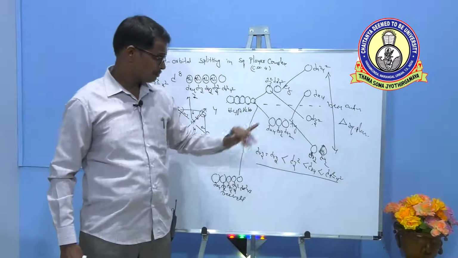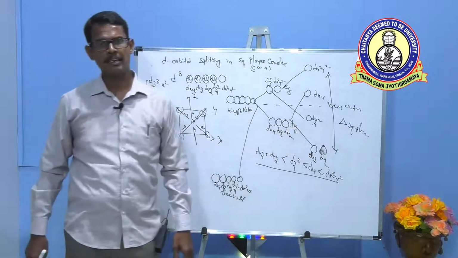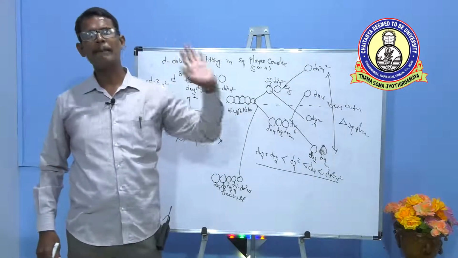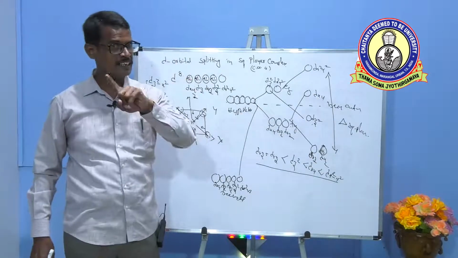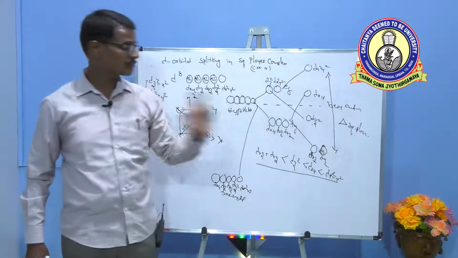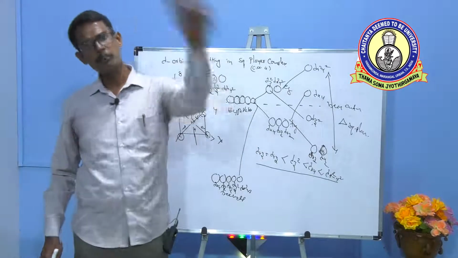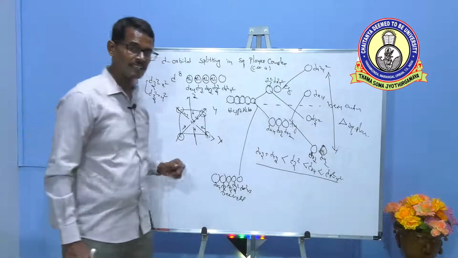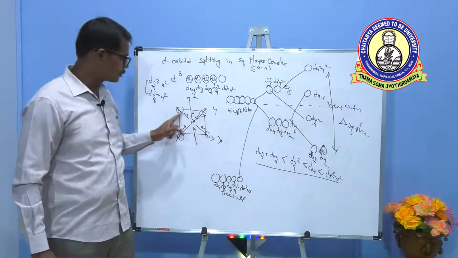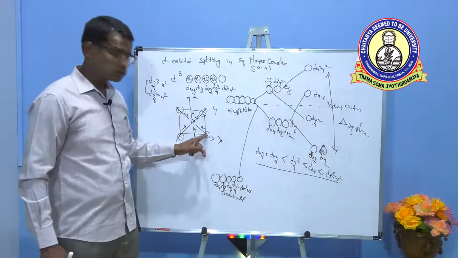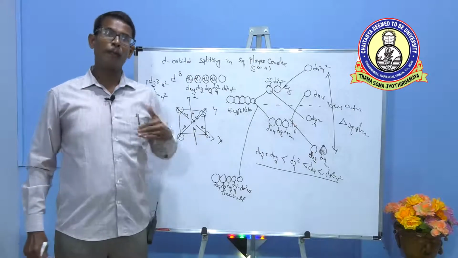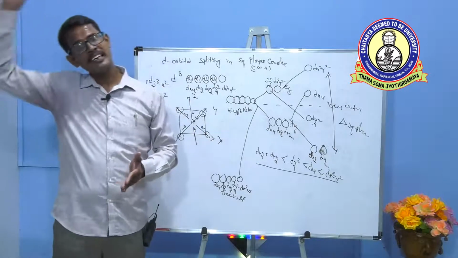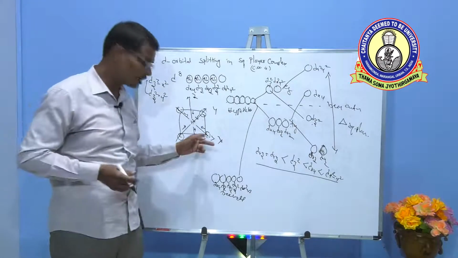And here in square planar complex, the splitting energy is more compared to the octahedral. In tetrahedral, splitting energy is less, but in square planar, splitting energy is more compared to the octahedral complex. Why? Because in square planar, the donor atoms move towards the central metal ion more closely compared to the donor atoms in the octahedral complex, and these are along the axis.